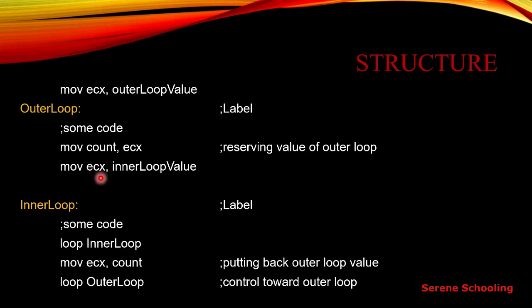Suppose I have entered 2. Now ECX contains 2, it will execute one time, then it will execute a second time. We know from the simple loop lecture that the ECX value gets auto decremented. So once we move 2 in it, it will become 1, then it will become 0, and this loop will stop automatically when ECX becomes 0.